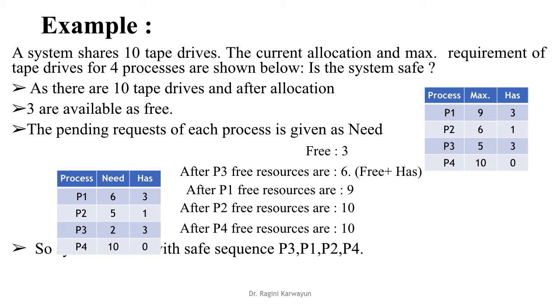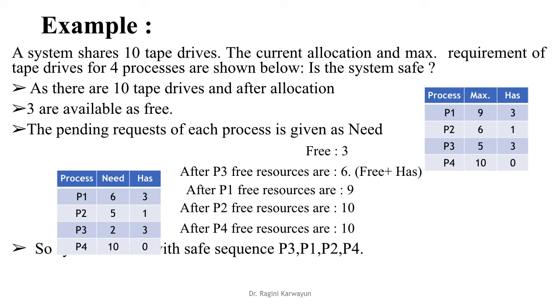When 7 resources are already allocated, only 3 are free. So how will we use these 3 free resources to satisfy the pending requests? The pending request of P1 is 6, P2 is 5, P3 is 2 and P4 is 10. So how will we be able to satisfy these requests?